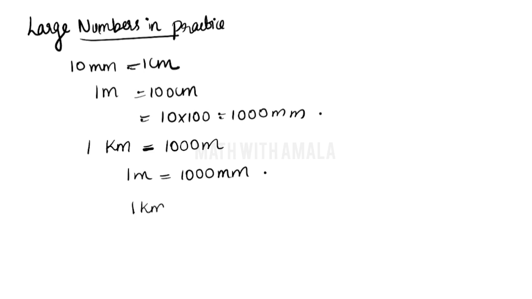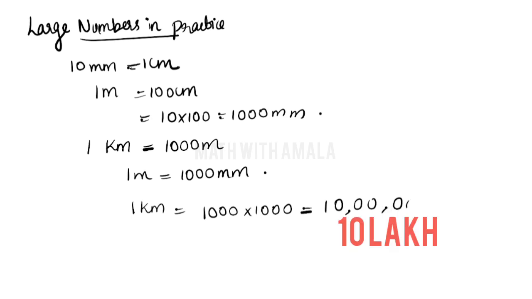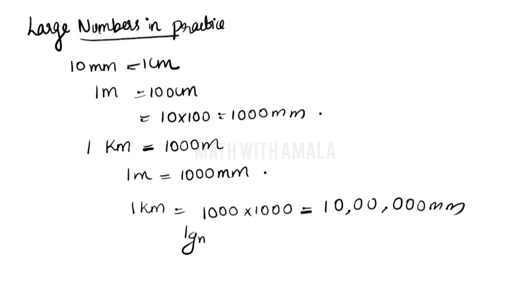So 1000 such meters are 1 kilometer, which means 1000 into 1000 millimeter is actually 1 kilometer. So what is the total? 10,00,000 millimeter. It is 10 lakh millimeter.